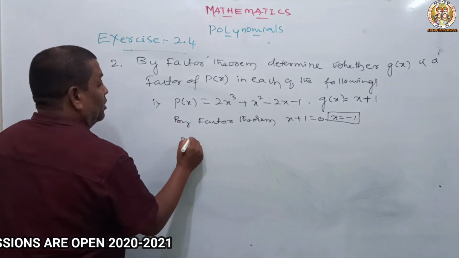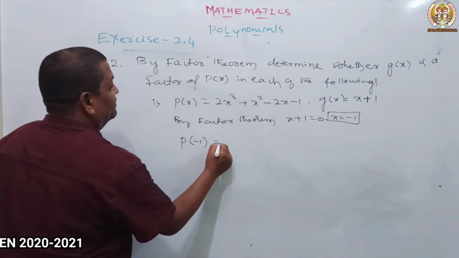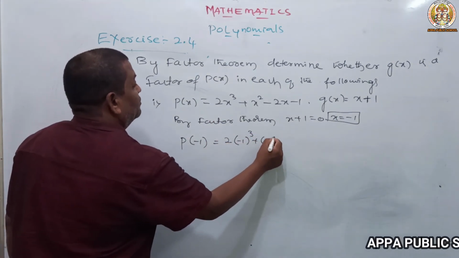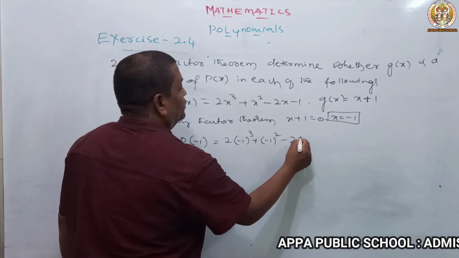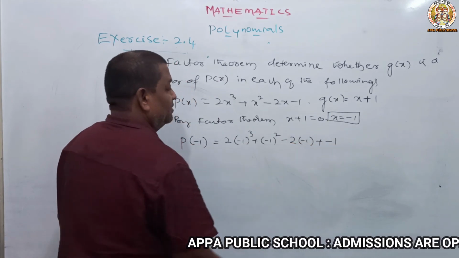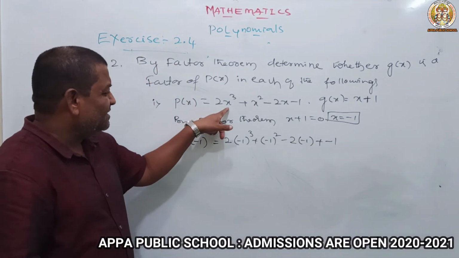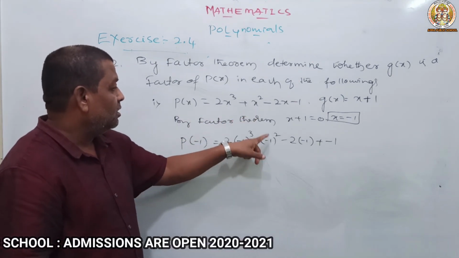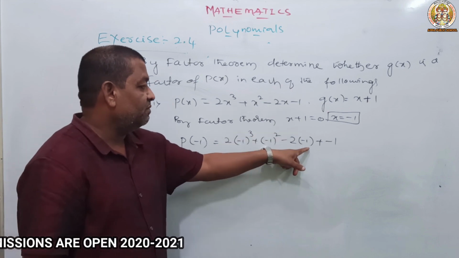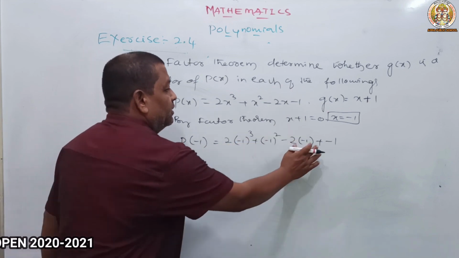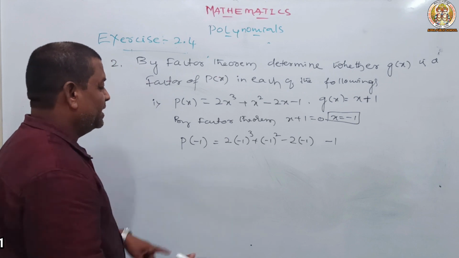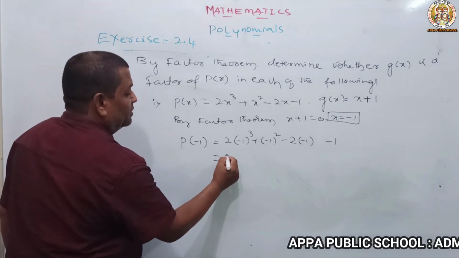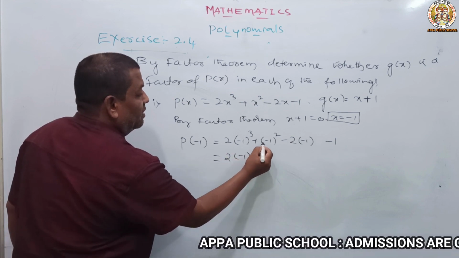Okay, now p of minus 1 is equal to 2 of minus 1 cube plus minus 1 square minus 2 of minus 1 minus 1. So I replace the x by its value minus 1. Now open the bracket. 2 of minus 1 cube is minus 2.